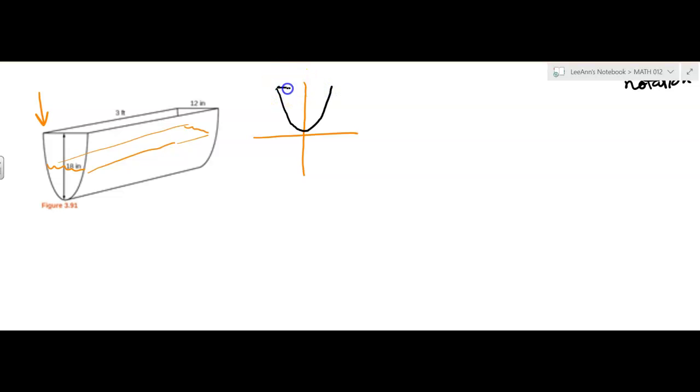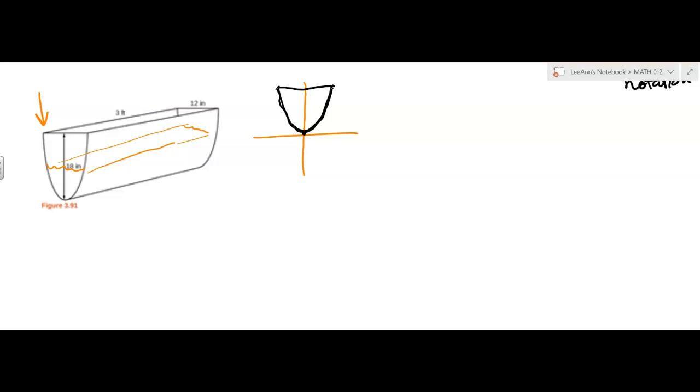Okay, so there's a distance up here at the top that we actually know. So we're going to put that parabola right on with the vertex right at the origin there, okay? What we don't know is the height, but we know something about parabolas. We can figure out some type of equation.